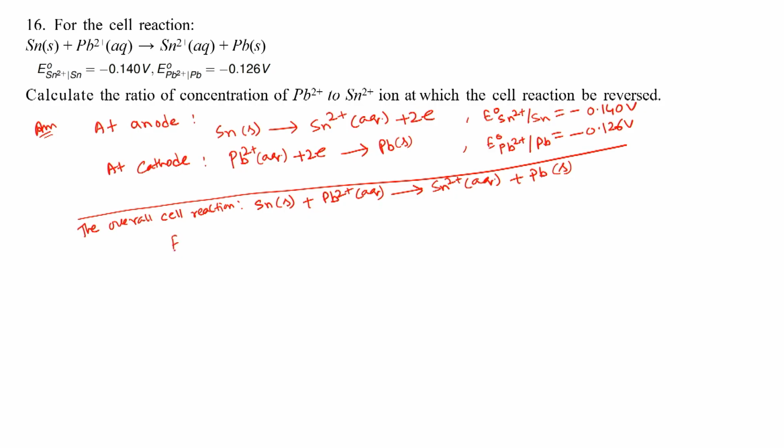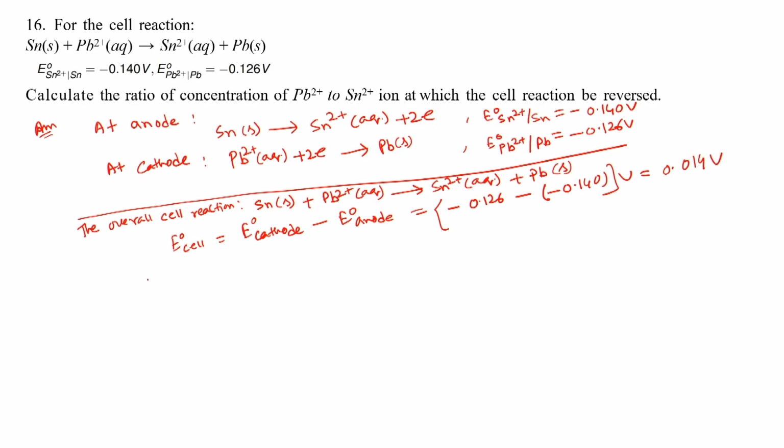E naught cell will be E naught cathode minus E naught anode. E naught cathode is for lead, so we write minus 0.126 minus E naught anode, which is minus 0.140, in volt. If we calculate this, we get 0.014 volt.